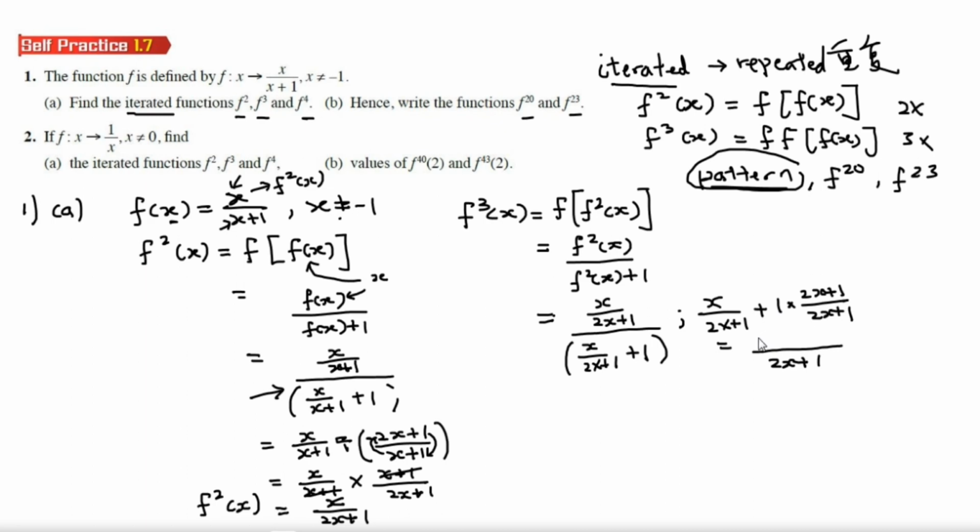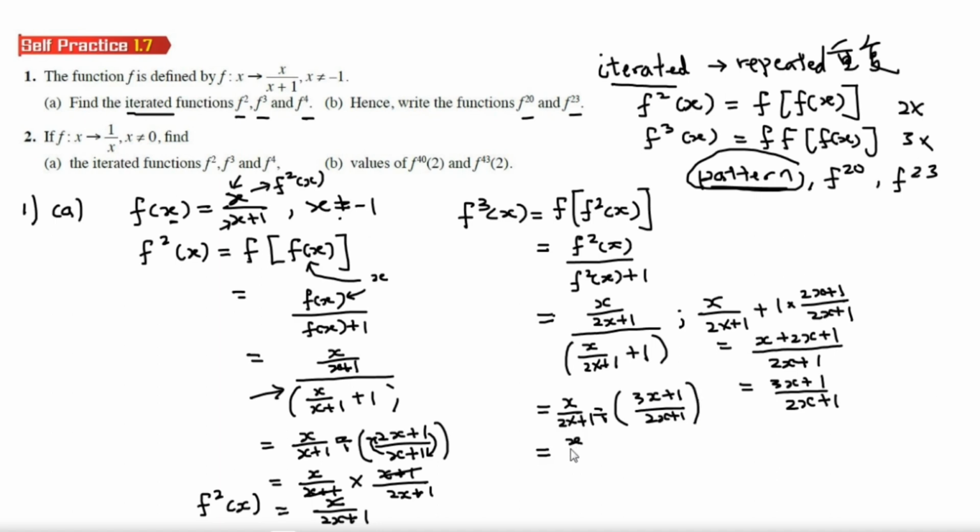The numerator we can write as x plus 2x plus 1, so it's equal to 3x plus 1 over 2x plus 1, 可以吗？Okay, now let's carry on. This is the x over 2x plus 1. This is the numerator. Divide by 3x plus 1 over 2x plus 1.